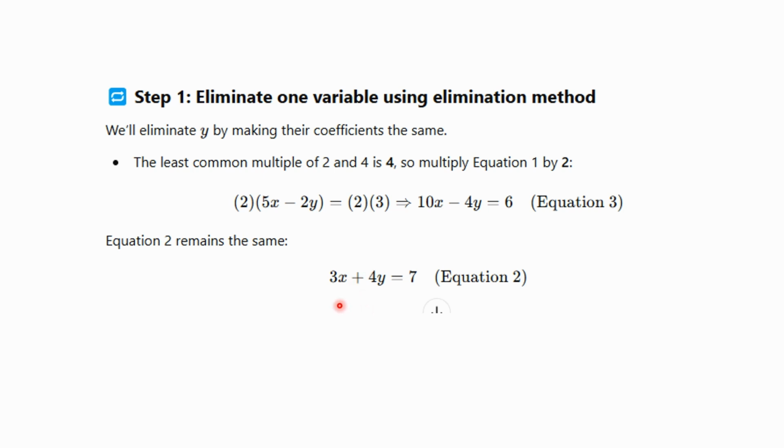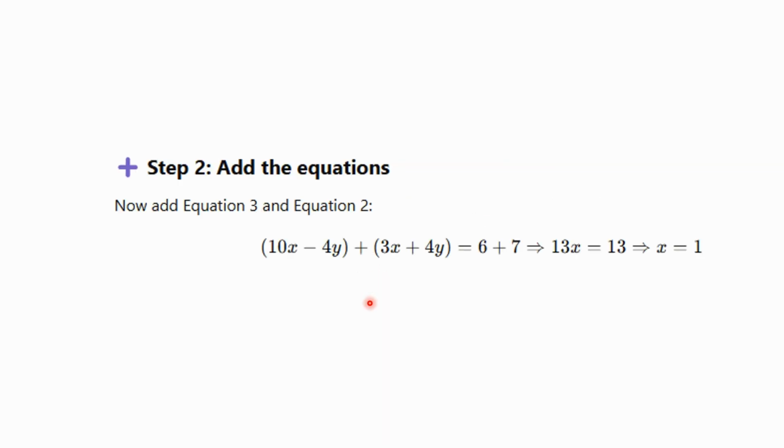Which would give us 3x plus 4y is 7. The minus 4y and plus 4y will cancel each other out when you add the equations together. When you add the equations together, you're going to end up with 10x and 3x is 13x. Minus 4y and 4y is 0.